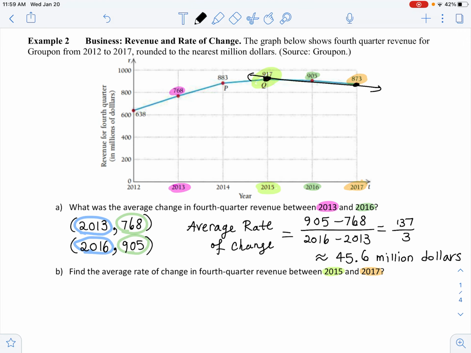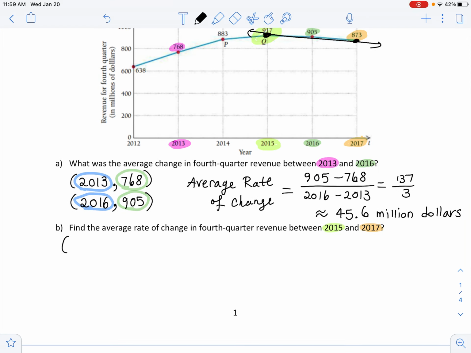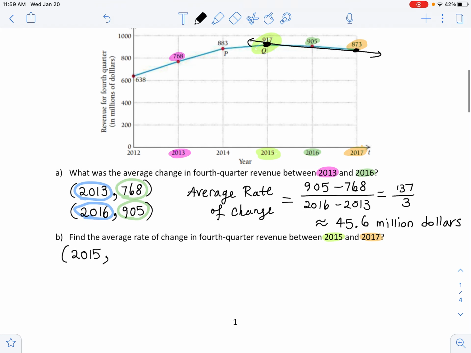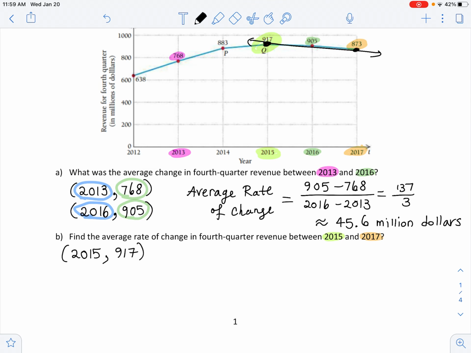All right, let's find it. I like to write them in ordered pair format first. 2015 had a y value of $917 million. 2017 had the revenue of $873 million. All right, time to find the average rate of change.